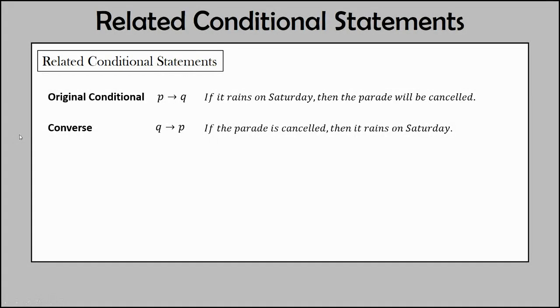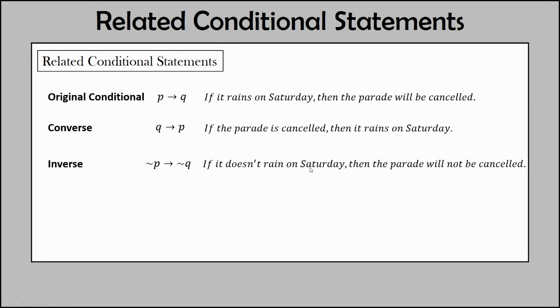We also will look at the inverse of a given conditional statement. The inverse is when we go back to the original, negate the original hypothesis, and that implies the negation of the original conclusion. So it would look like: if it doesn't rain on Saturday, then the parade will not be canceled.